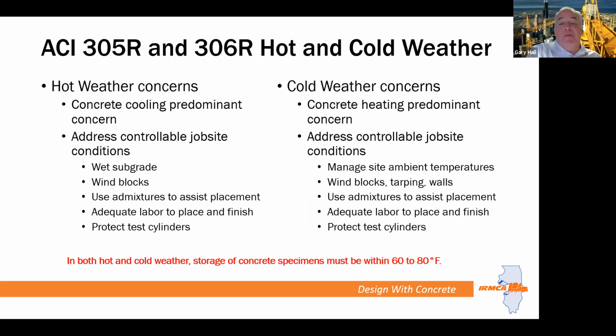And part of the performance of concrete is that we have to perform under varying conditions. So we have guides and specs for placement in both hot weather and cold weather. So some of the hot weather concerns include, from a producer side, cooling the concrete to acceptable temperature limits.